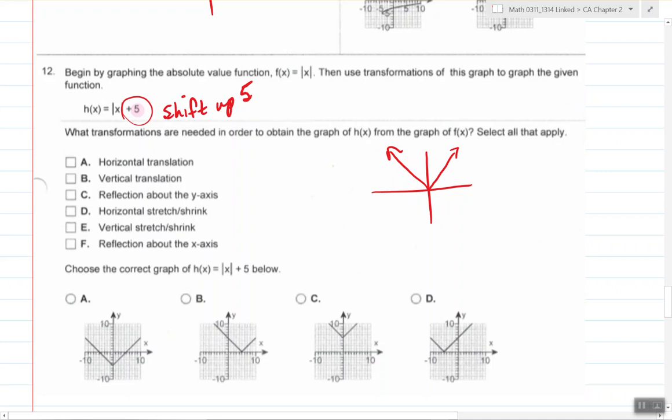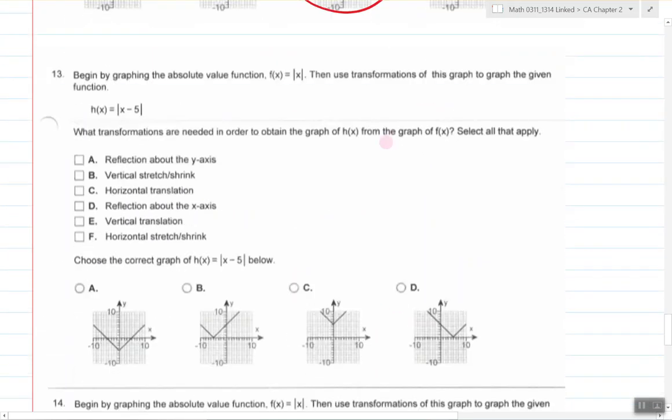So when I say shift, that is another way of saying a translation. Translation is a shift. So we have a vertical translation, which is a vertical shift, and it is up 5, so I believe it is choice C.